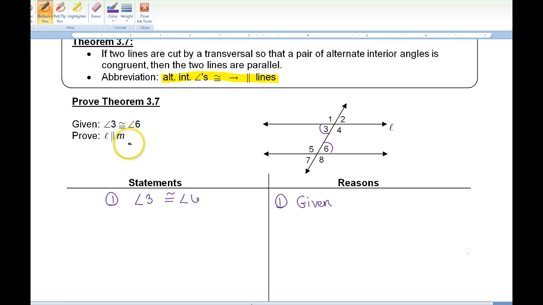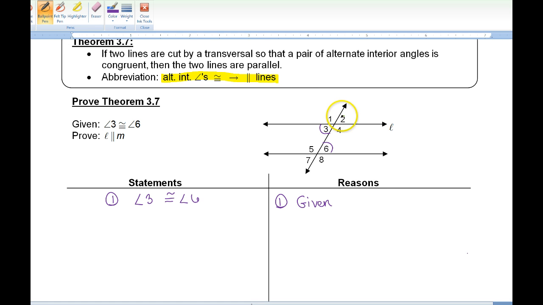So here's 3 and here's 6. Now, since we're working with congruent angles this time, I'm not going to look at linear pairs, but I can use vertical angles. If you look for a pair of vertical angles that will help us get either alternate exterior or corresponding.